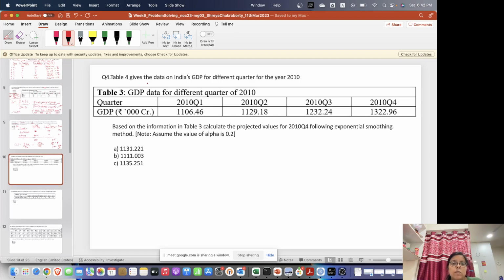So this problem states that the GDP data for different quarters of 2010 is as given below. Based on this information, we have to calculate the projected values for 2010 Q4 following the exponential smoothing method.